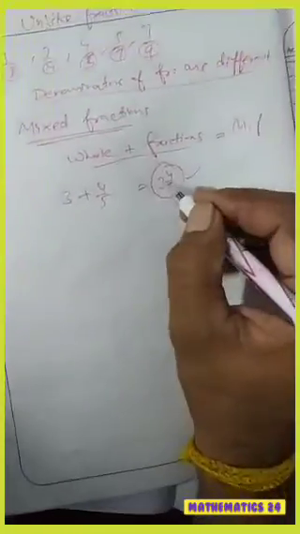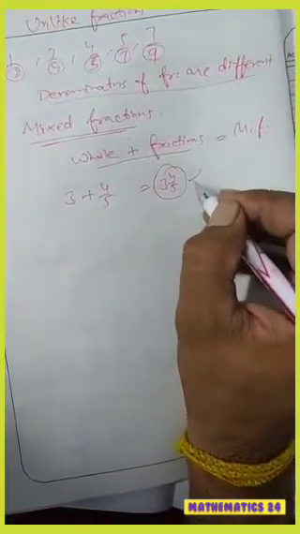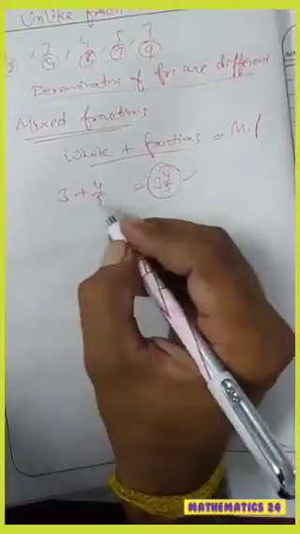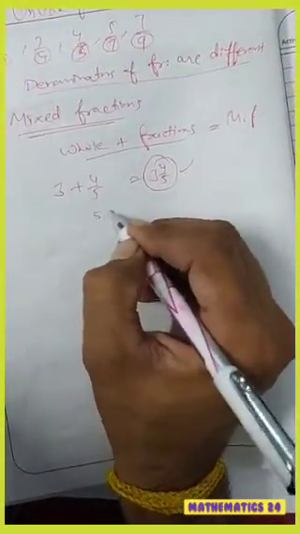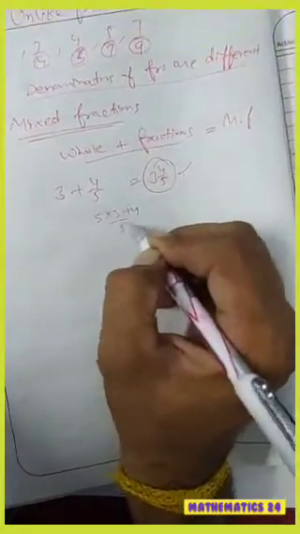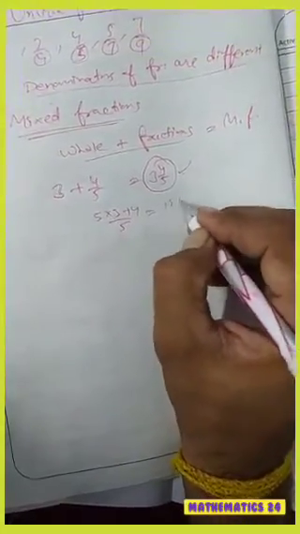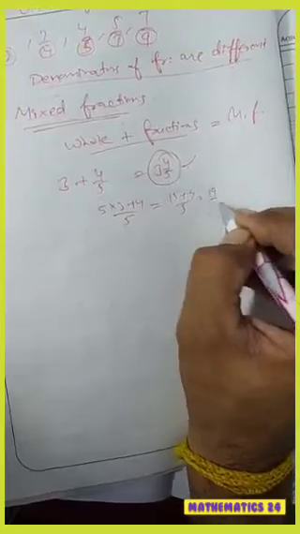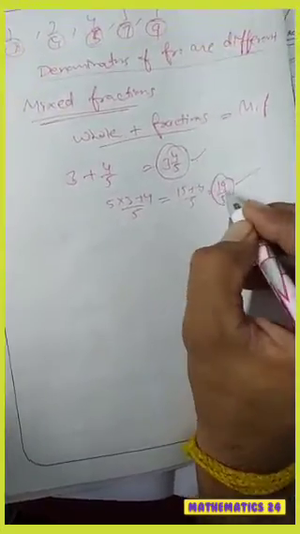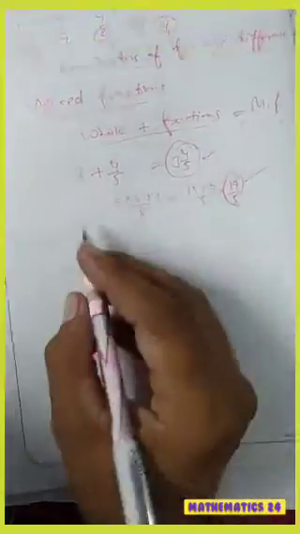What is this? Mixed fraction. How can you solve it? 5 multiply 3 plus 4, you will get 19 by 5. You will get a fraction, whether like or unlike. So you know that this is the improper fraction, numerator is greater than denominator.